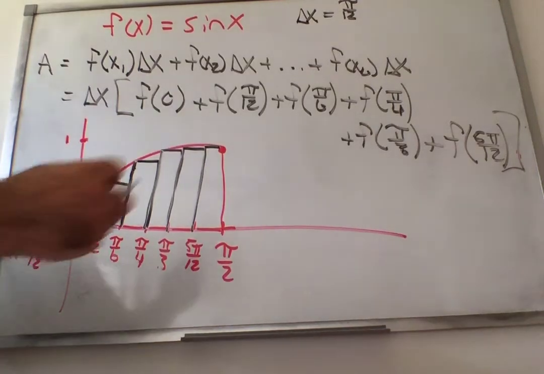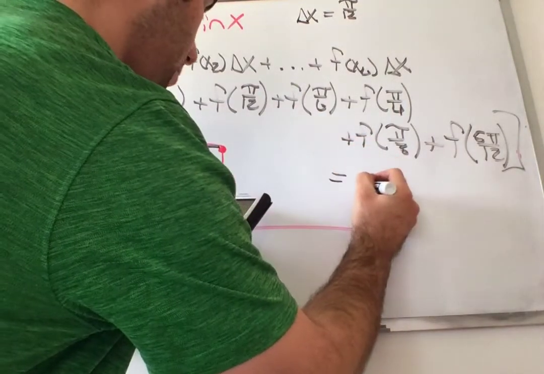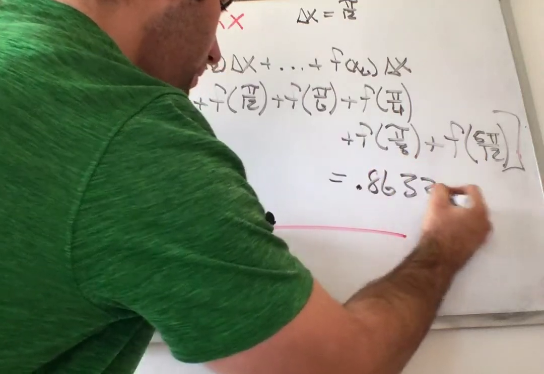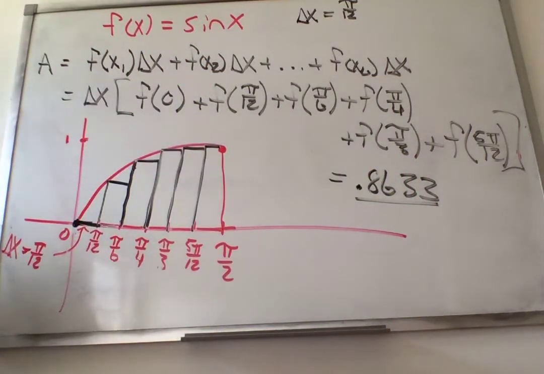Okay, there we go. That's a lot better. I get 0.8633. Okay, 0.8633. Sorry for the delay.